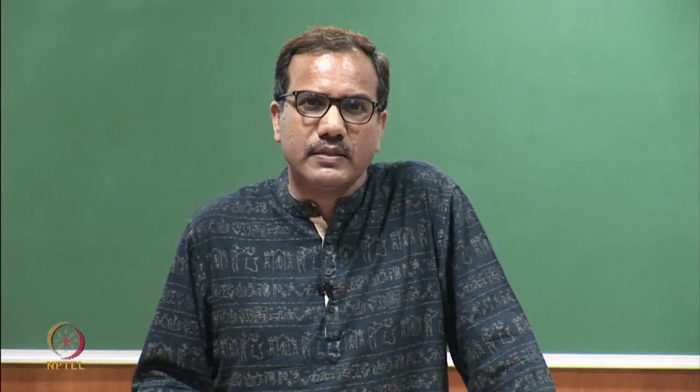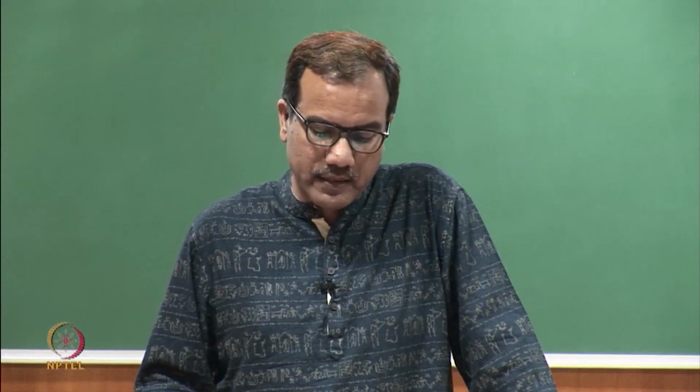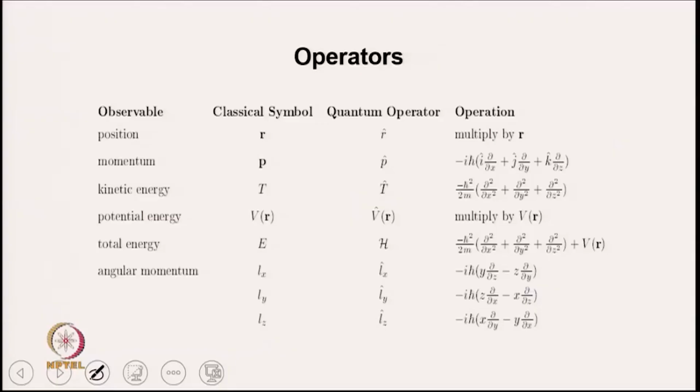In the last class, we discussed operators. There are two different operators, the kinetic energy operator and the potential energy operator. These two are used to calculate the energy of the different rotational levels.